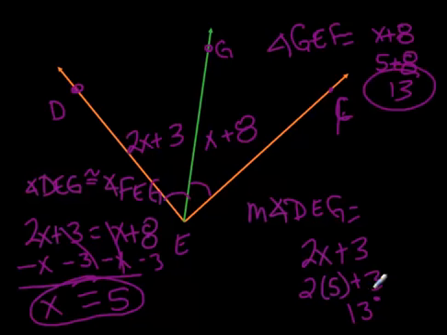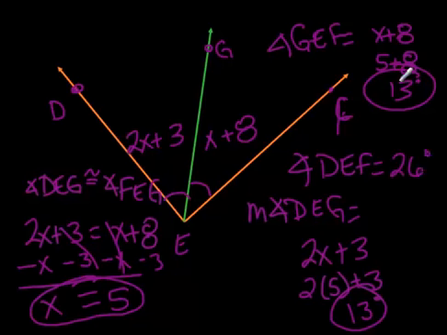Notice 13 and 13, they are congruent. If the directions happen to say, what is the measure of angle DEF? Since this is an angle bisector, we can add them together, and thus angle DEF would equal 26 degrees, 13 plus 13. So there is our lesson on angle measures.